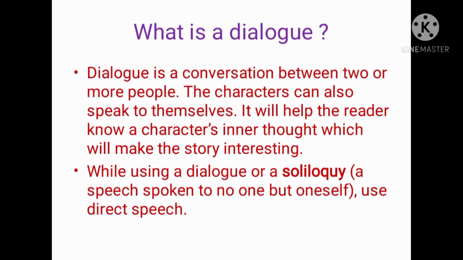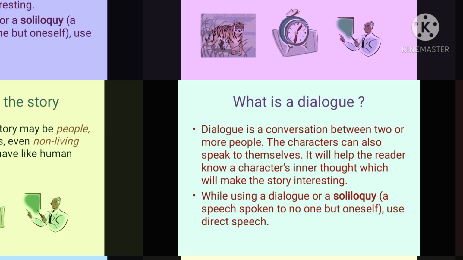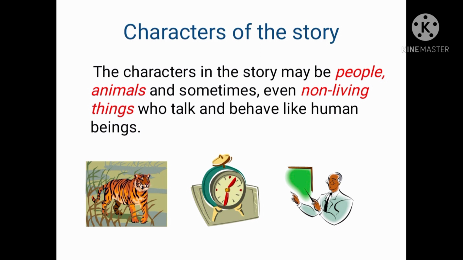But what do we mean by soliloquy? A soliloquy is a speech which is spoken to no one but oneself. When you yourself speak something, whether in anger or in excitement, it becomes soliloquy. In that case, we need to use direct speech. From the given outline, we will frame a story and we will get an example of soliloquy and direct speech.